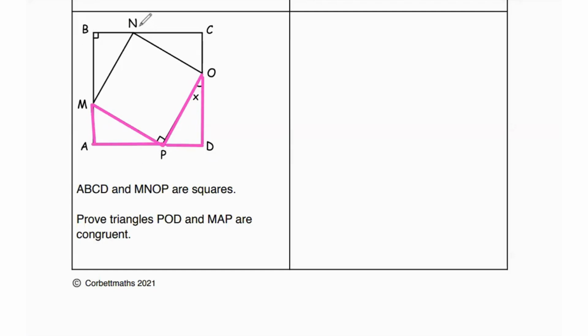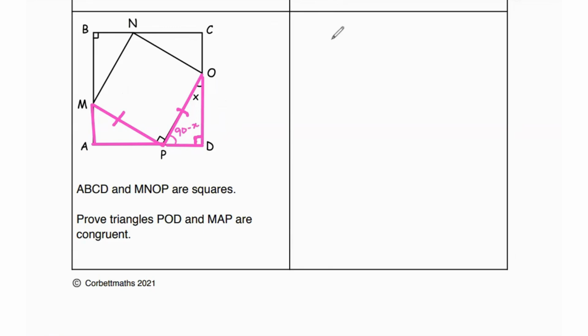Since MNOP is a square, this length equals this length. Now, since ABCD is a square, all angles of a square are 90. So this is 90. If that's 90, we know this one is going to be 90 minus x because the sum of angles for a triangle is 180.